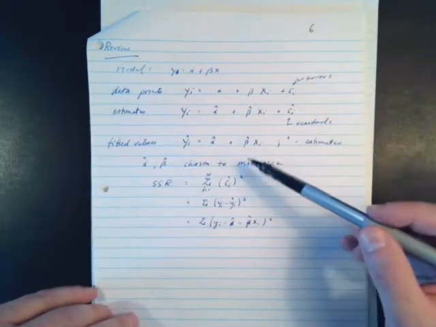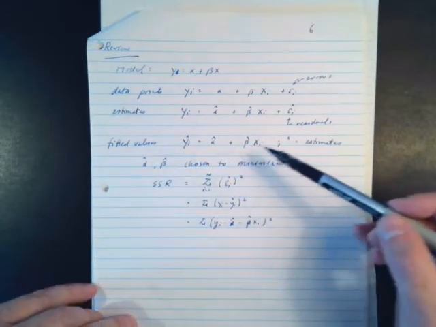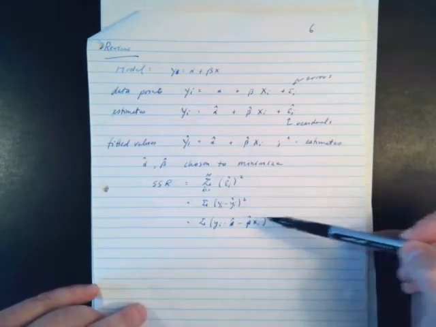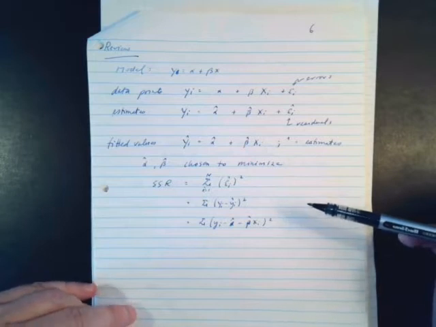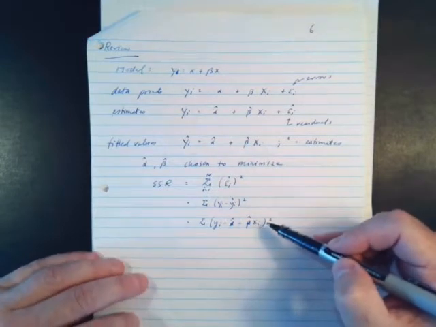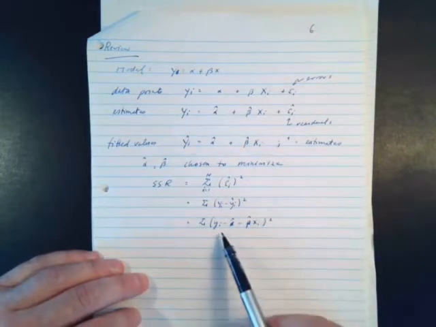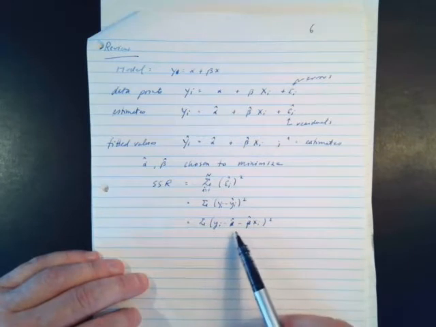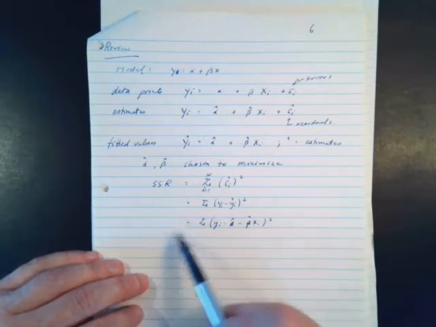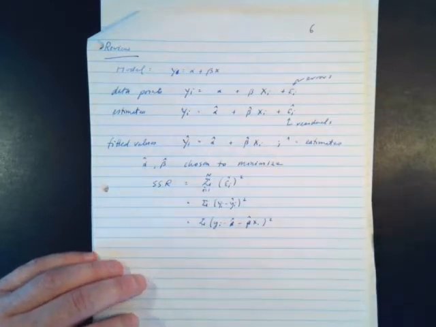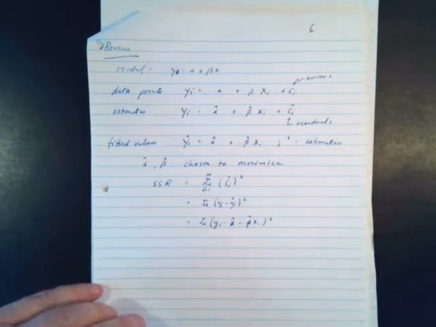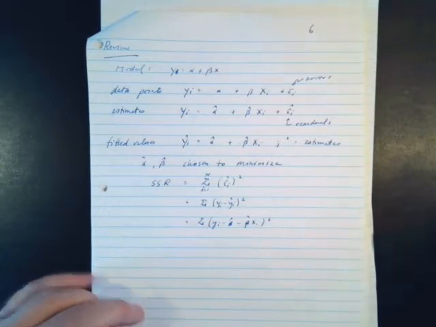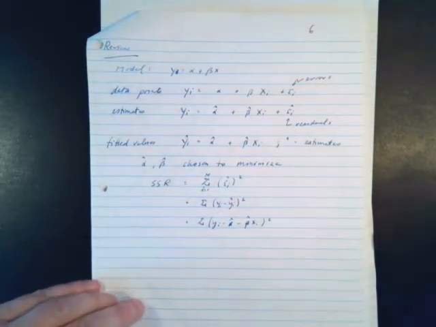And the rule that we use to choose alpha and beta is to minimize the sum of the squared residuals. And that's a calculus problem, so we are choosing alpha hat and beta hat to minimize the sum of the squared residuals. So that is the basic outline of simple regression.